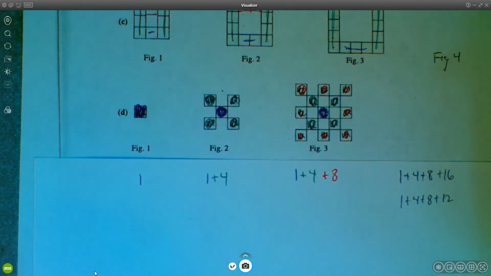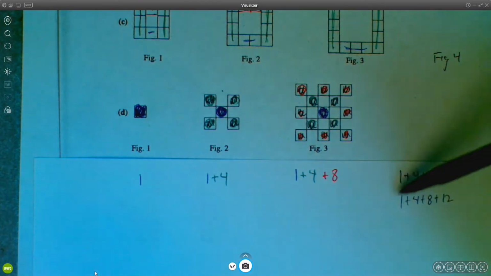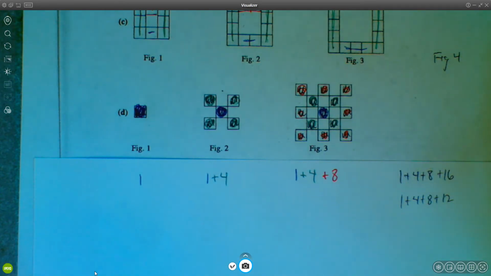But that's not even the biggest problem. The biggest problem is this. Imagine writing out your number sentence for figure 100. Okay? That's going to be an issue, because let's say that the correct pattern is the bottom one. You're going to have to say 1 plus 4 plus 8 plus 12 plus 16 plus 20, and dot, dot, dot, all the way up to whatever it would be by the time you get to the 100th number in that particular sentence.